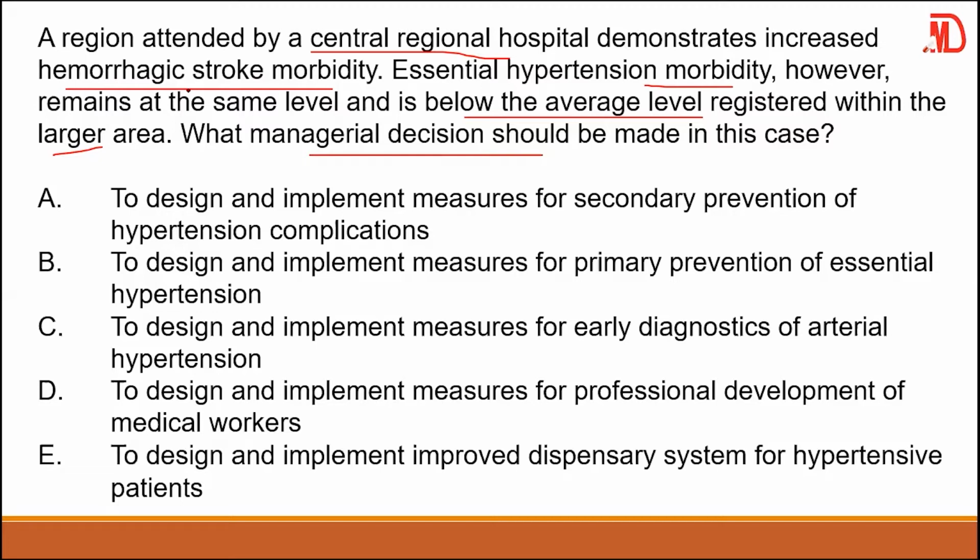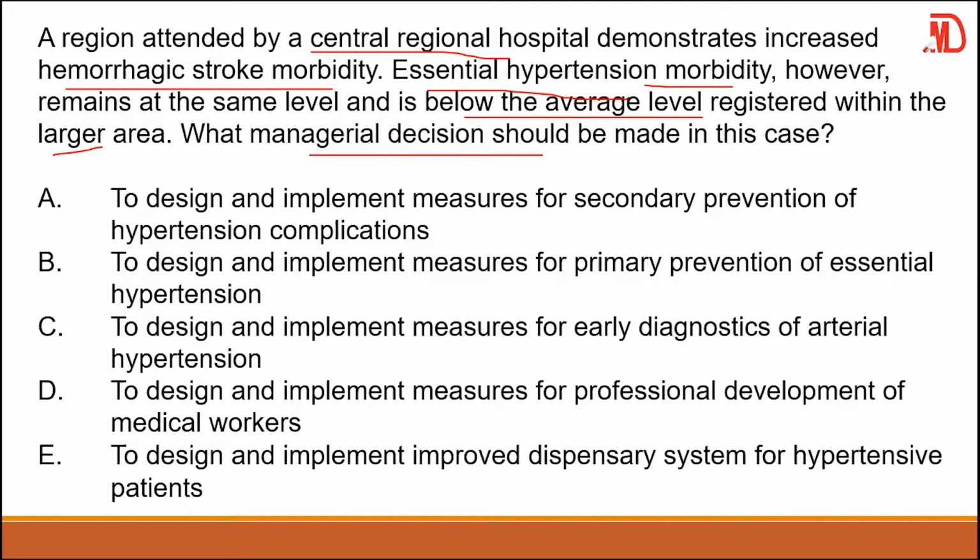We see that they are having people suffering from essential hypertension morbidity. So to manage these cases, we have to be able to detect the presence of this hypertension early and, of course, manage it as soon as possible.